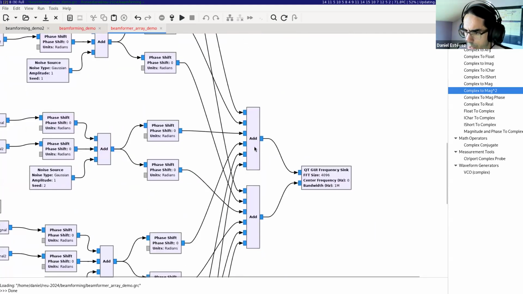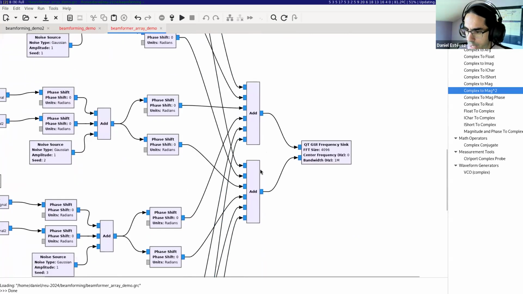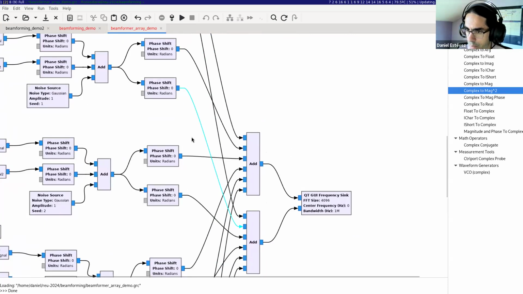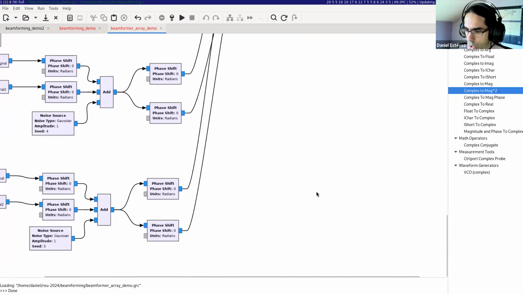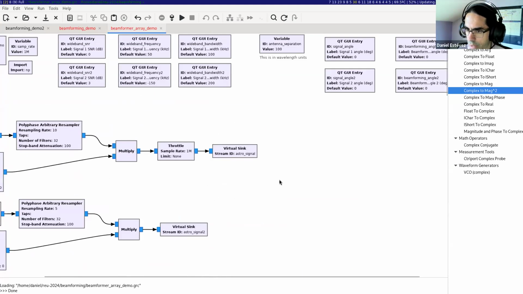The output of all of these is added for the first beamformer, and the output of all the phase shifts for the second beamformer is added as well, and then we have a GUI frequency sink. So this is the flow graph.